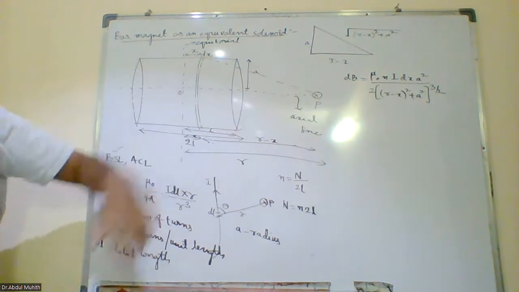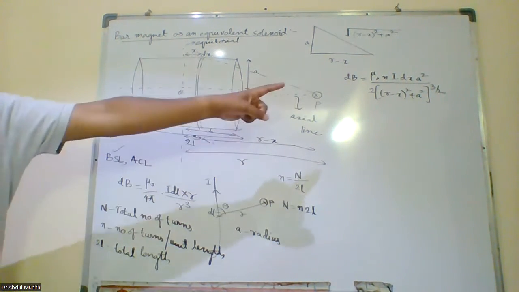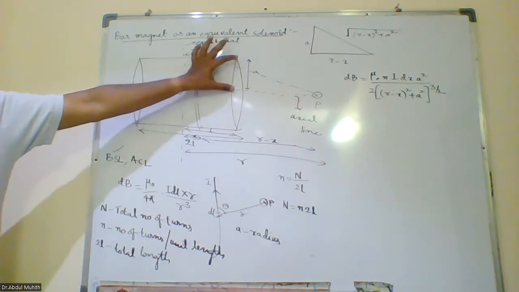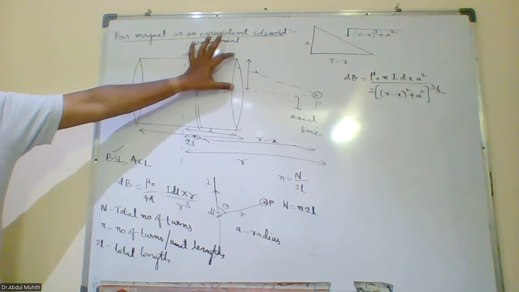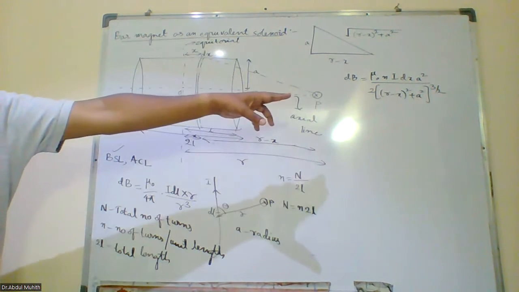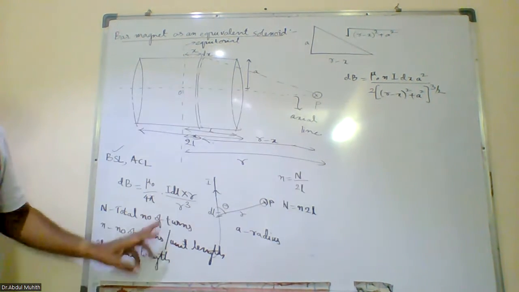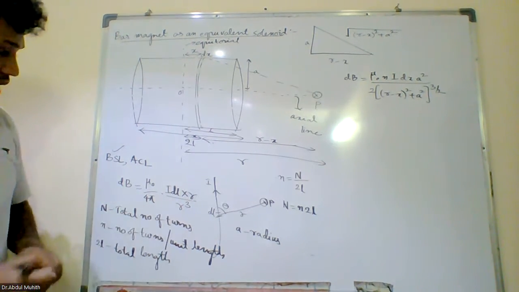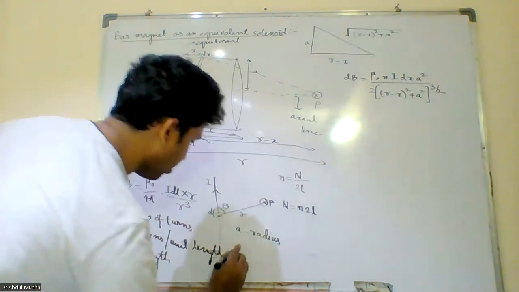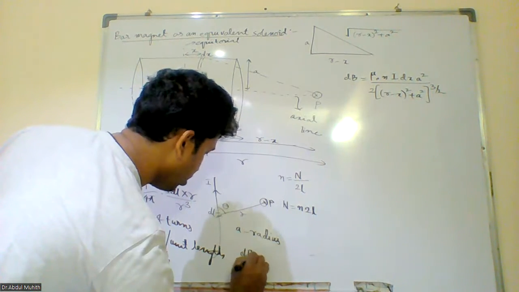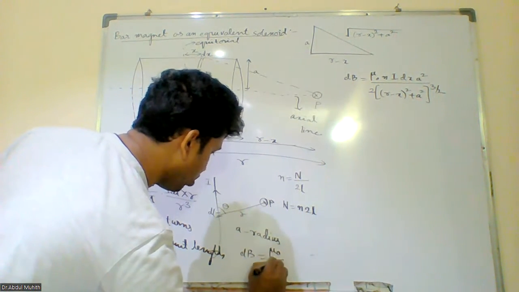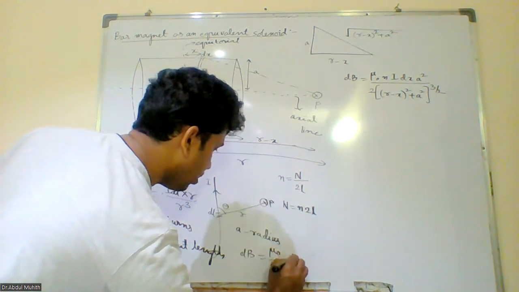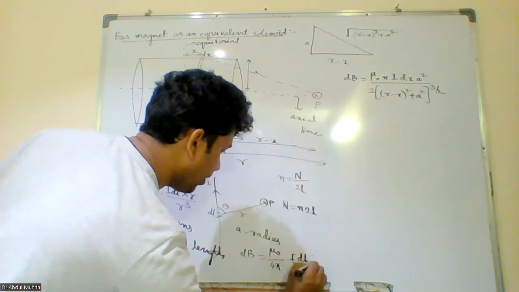There it is I dx. Then what is a square there? a square is the square of the radius. The denominator is the same again. What is that? R cube, no? Here. Or if you remove this, the formula will become how? See, dB is equal to mu 0 by 4 pi into I into dl divided by R square.